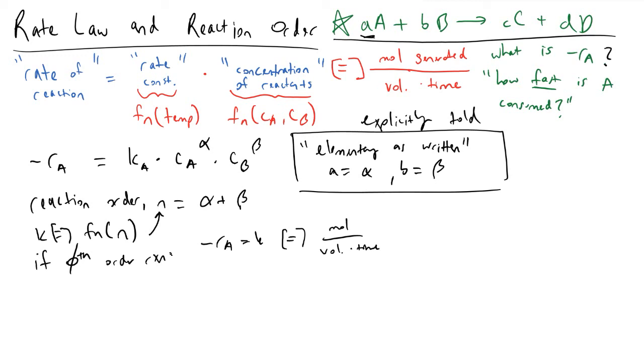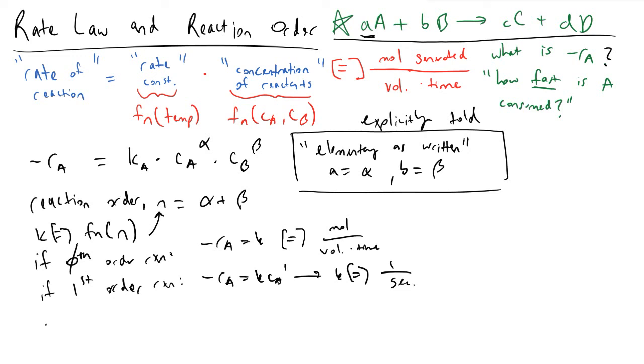Now, what happens if it's a first order reaction in which alpha is equal to 1 and beta is equal to 0, for instance, would be minus rA is equal to k times CA to the first power. What we would find is that k would have to have dimensions of 1 over second.